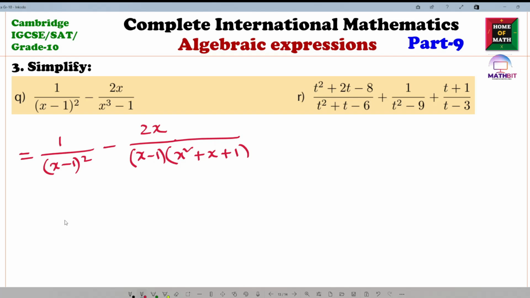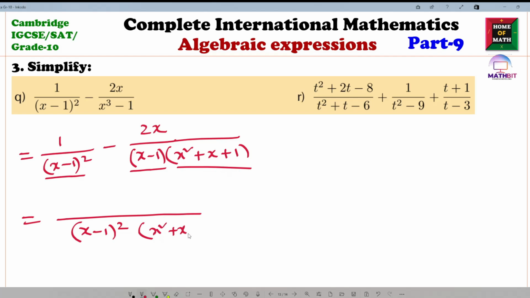Now the LCM. So we take x minus 1 whole square and x square plus x plus 1, and here we will write x square plus x plus 1 and minus 2x times x minus 1, right?